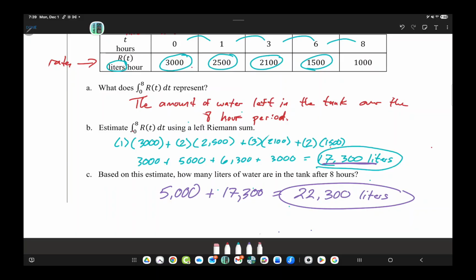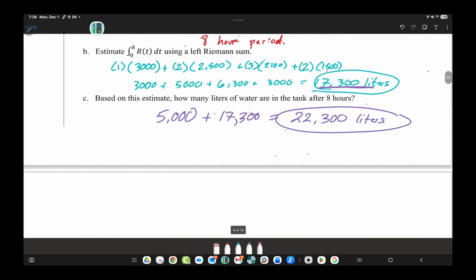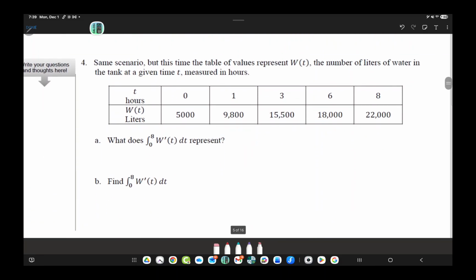Now, here is another way to ask the same exact question, just differently. Same scenario, but this table represents the values of W(t), the number of liters in the tank at a given time.